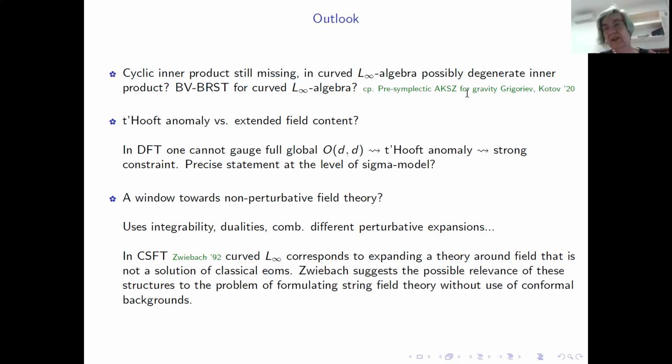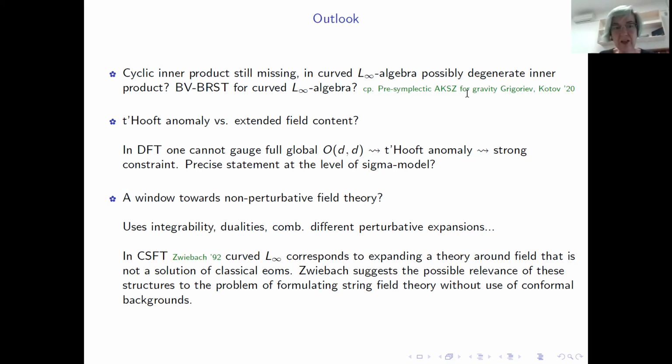Standardly we expand about the coupling constant, but recently people started thinking about expanding field theory around large conserved charge. This gives you a different perturbation theory, and when you combine them together, you get new information, which from the perspective of one or the other is non-perturbative information about this theory.